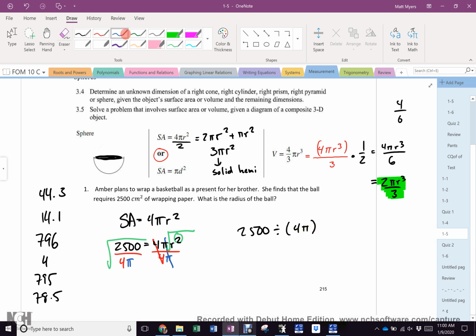If you punch into your calculator 2,500 divided by 4 pi, it does BEDMAS. It's going to do 2,500 divided by 4 and then multiply that answer by pi because your calculator doesn't think. It does what you tell it to do. So you got to put brackets there. So everybody do that.